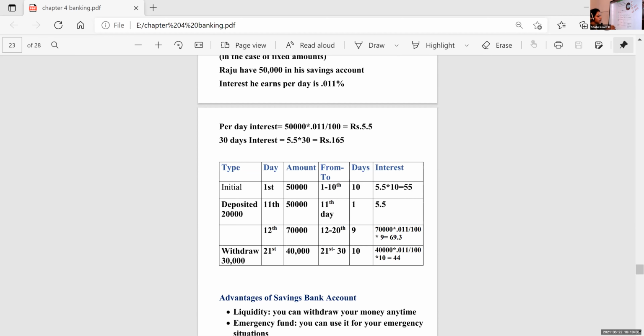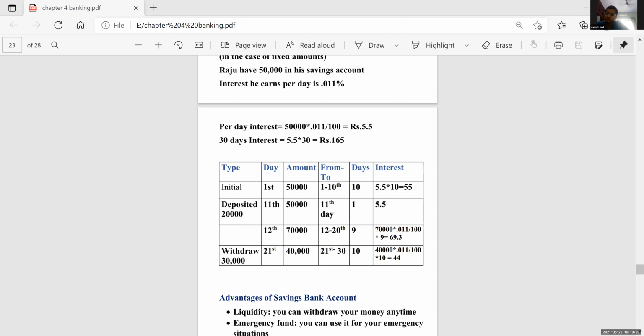So in total, how much is there in the account? 70,000 is there. But I told you, upon which amount is the interest calculated? Sharat? The lowest amount. Very good.